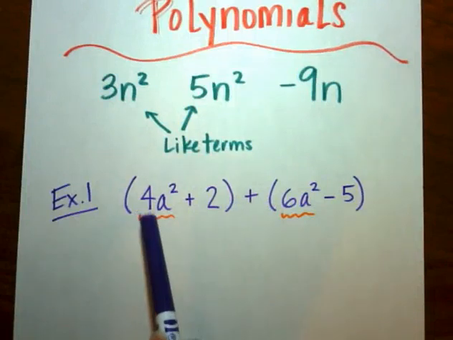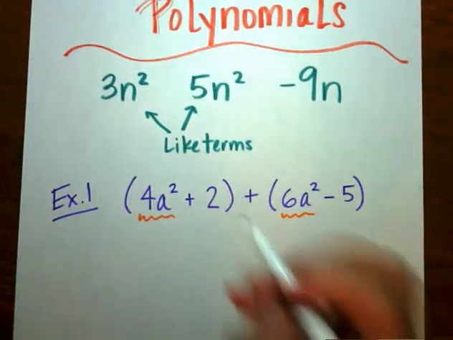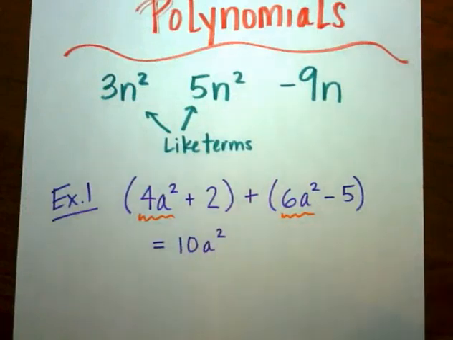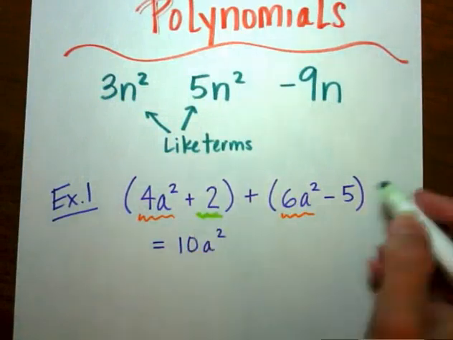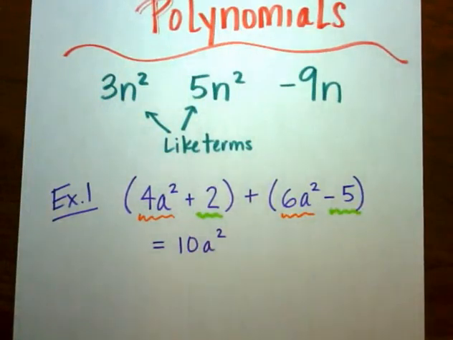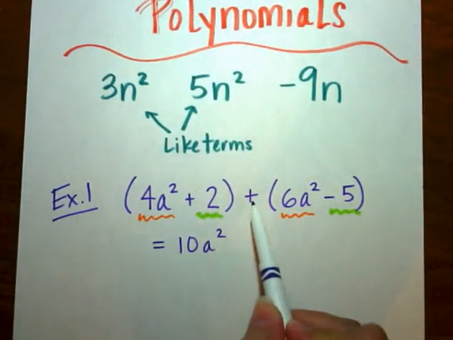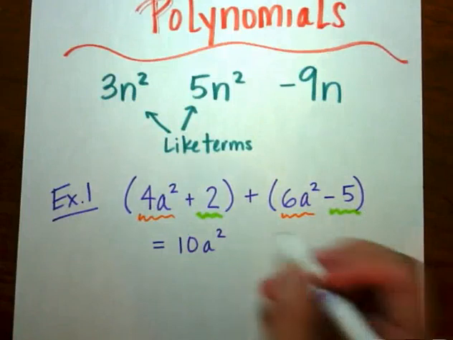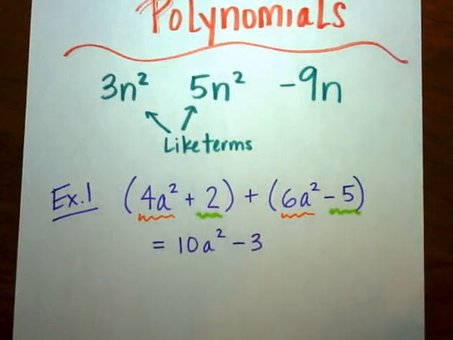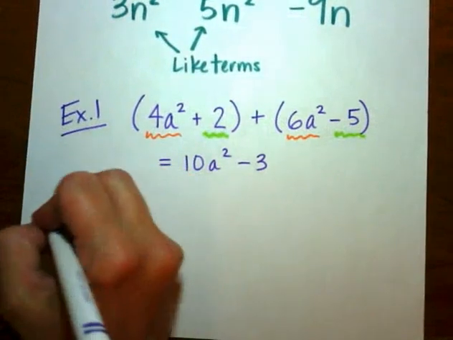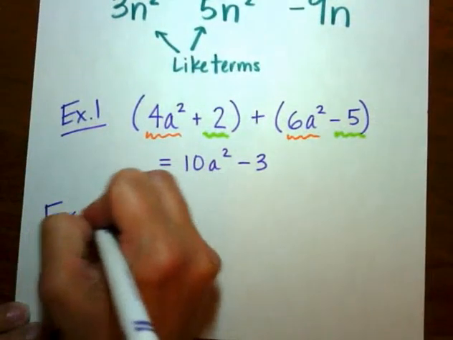So 4a squared plus 6a squared is going to equal 10a squared. And then I also notice that this and this can be combined together because those are like terms. So we have a positive 2 plus a negative 5, and when we combine those together, we get a negative 3.